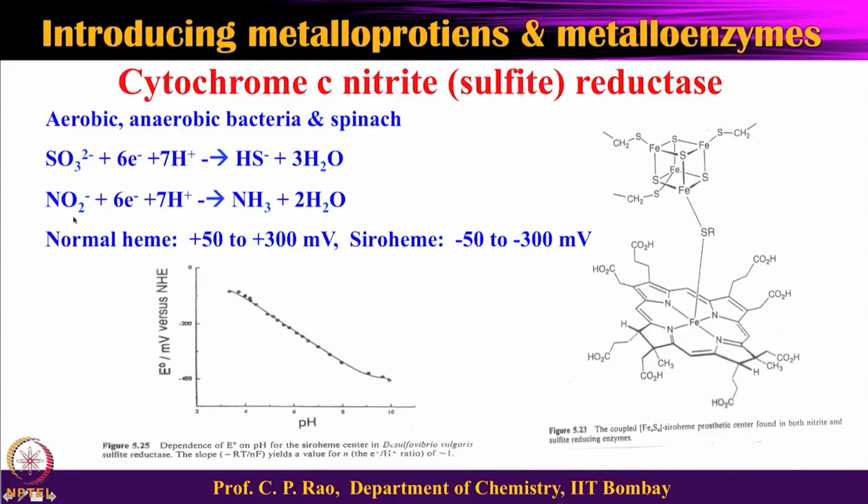That means, in the previous example, NO2 to NO, only one oxygen goes as water, but in this case, NO2 to ammonia, both oxygens must go as water and require more electron reduction and more protons, because the ammonia nitrogen will take 3 protons and 2 waters will take 4 protons, totally 7 protons.